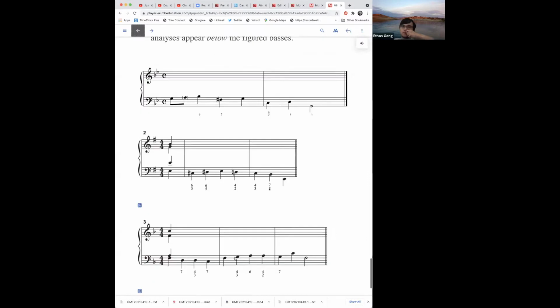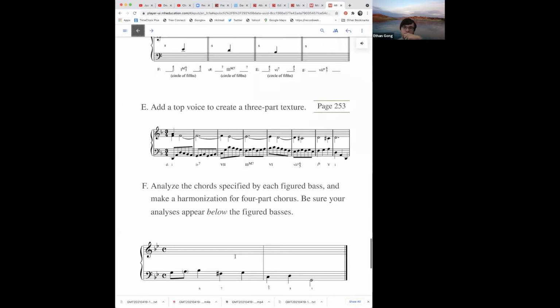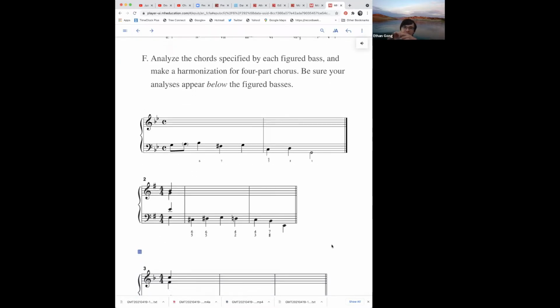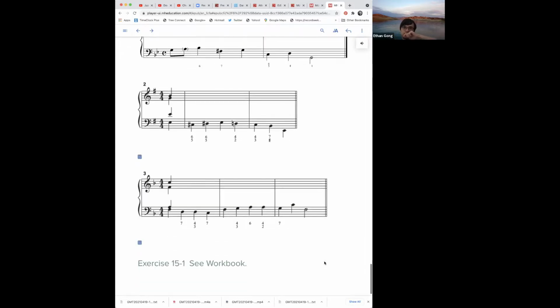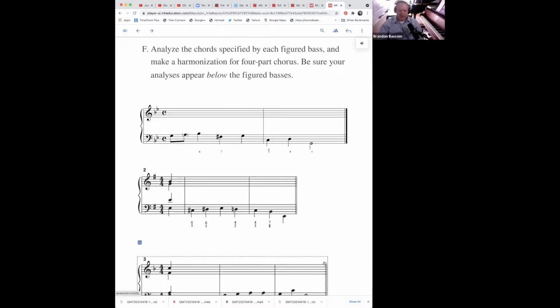Okay, so here, let me share my screen. Here's the end of the self-test, right? We did E. Analyze the chords by each figured bass and make a harmonization for 4-part chorus.